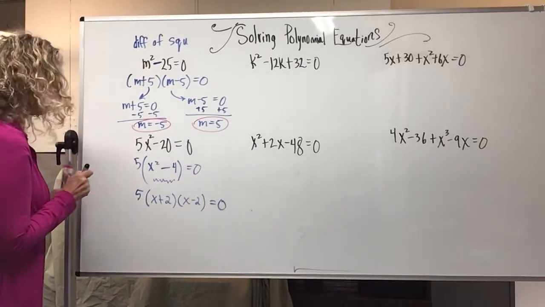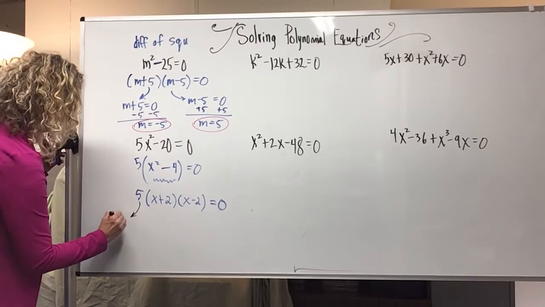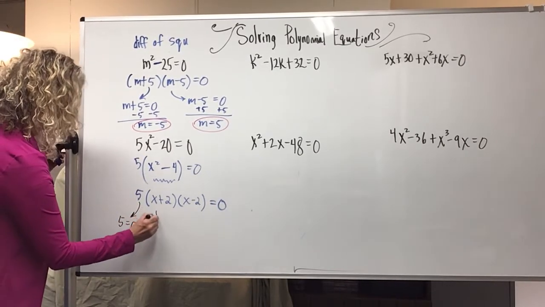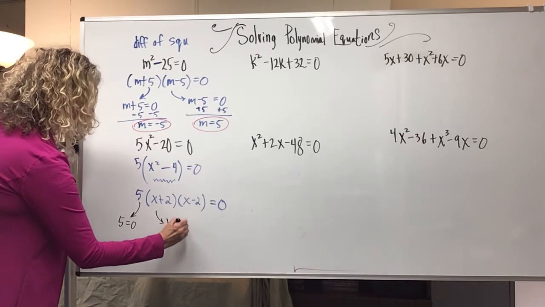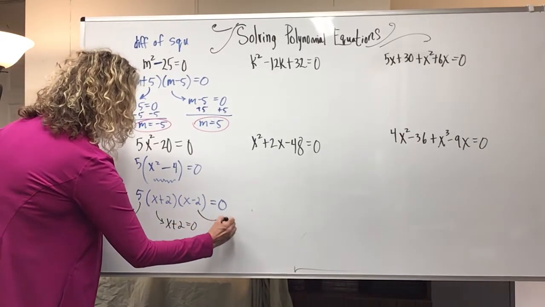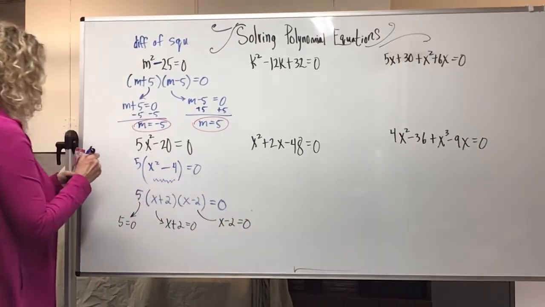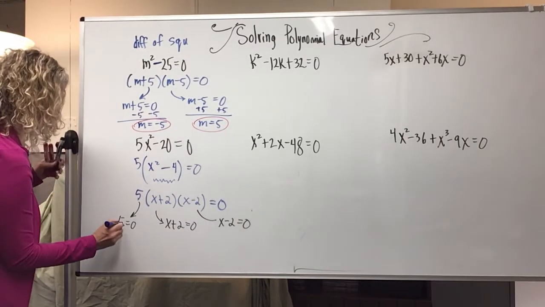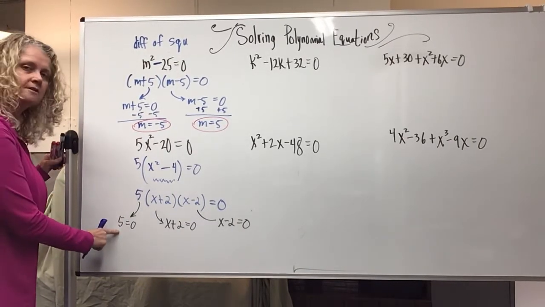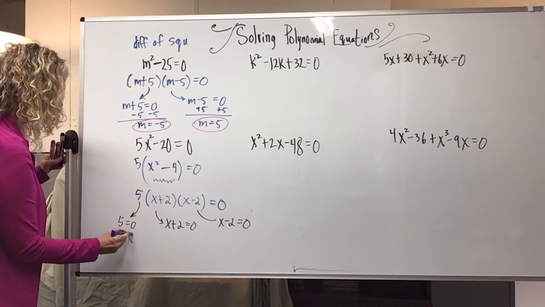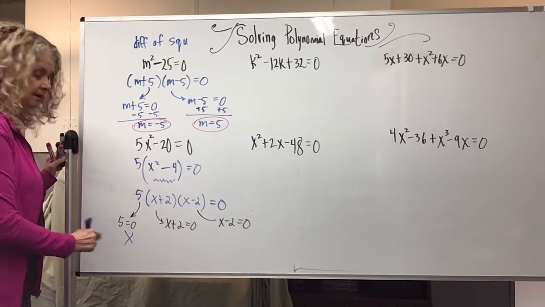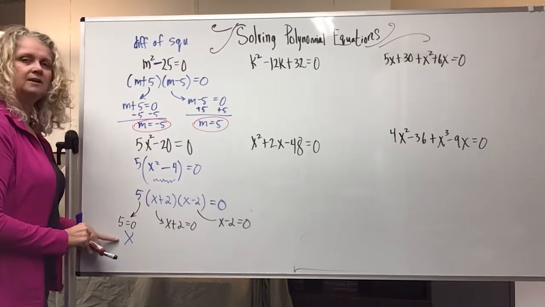Zero factor theorem, we're going to set each piece equal to 0. And we're going to solve. And here, this is an untrue statement. So the answer is not no solution, this doesn't give us any meaningful information.